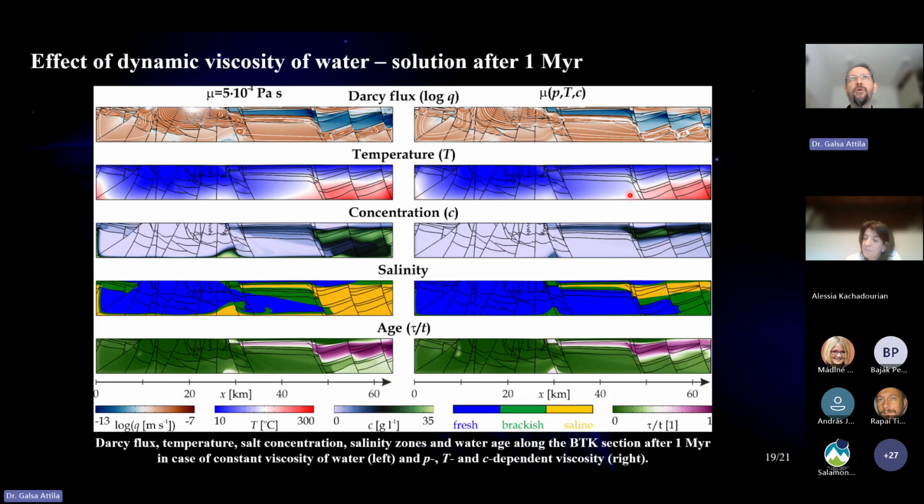That's why the water viscosity decreases in the hot reservoir, which facilitates the heat transport, the solute transport, and the age transport as well, leading to a geothermal reservoir with lesser extent, lower salt concentration, and younger waters. In my opinion, it seems a bit more realistic solution than the constant viscosity solution.